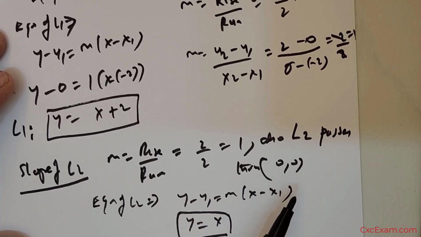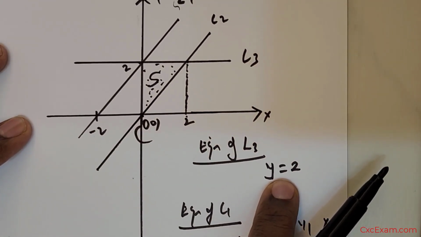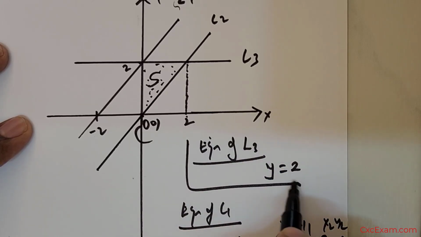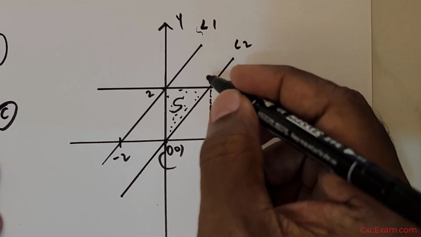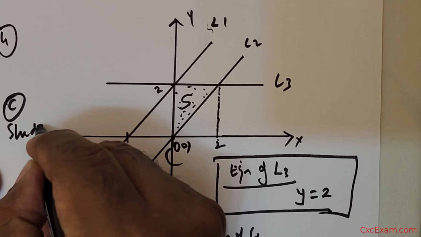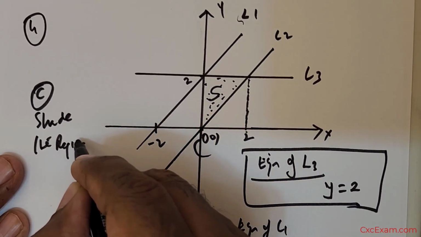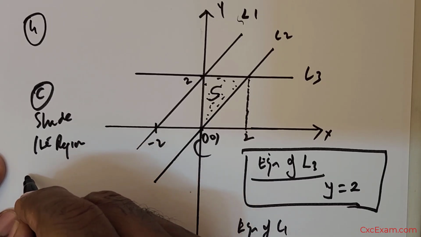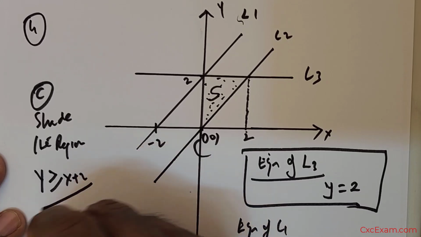So we have got the equation of L2, we got the equation of L1, we have got the equation of L3. So you can box these results. So part A is done, part B is done, part C is asking us to shade the region which is described by y greater than or equal to x positive 2.